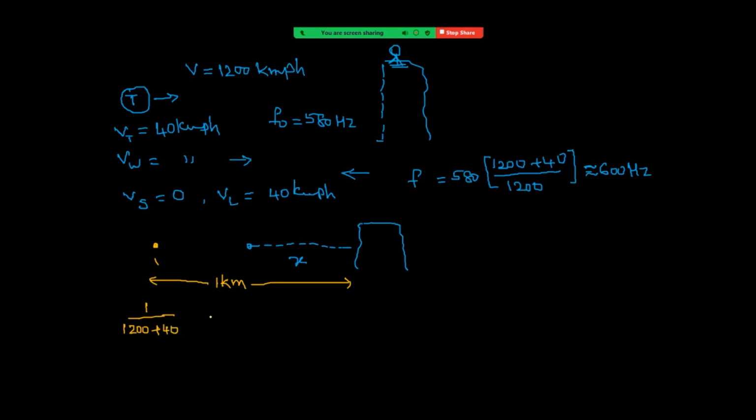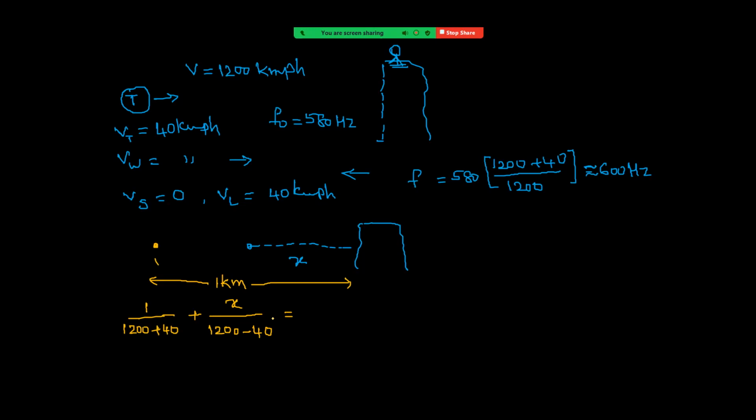While coming back, it has to cover x distance, traveling opposite to the wind, so it becomes plus x by 1200 minus 40. Here we have taken wind velocity in the ground frame.